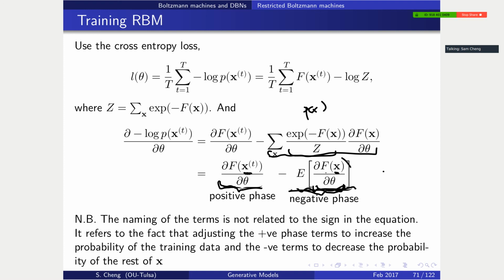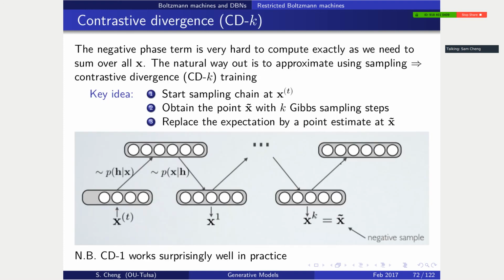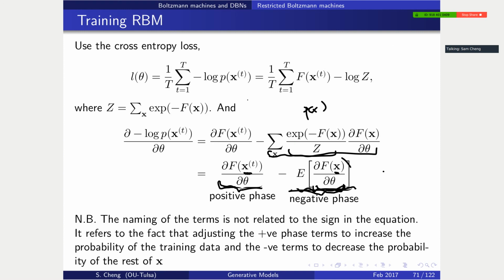So we just sample one x tilde here, and use that to approximate this expectation, approximating it as just partial f(x tilde) partial theta, something like that.